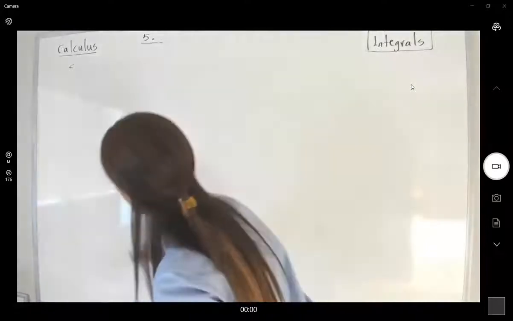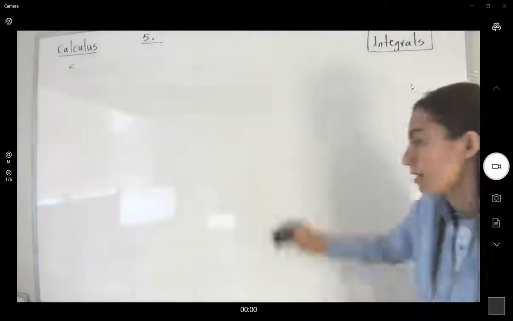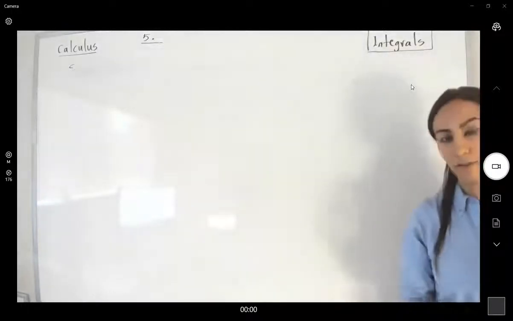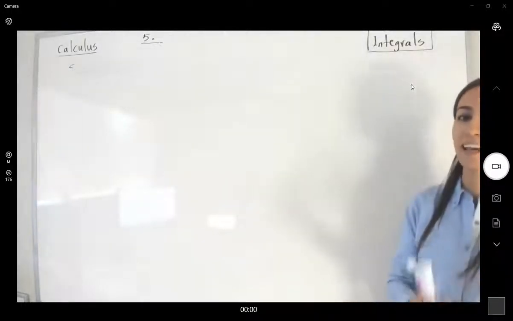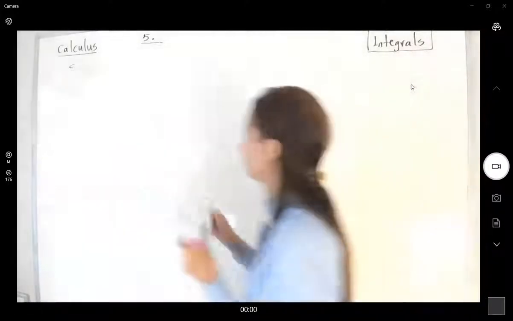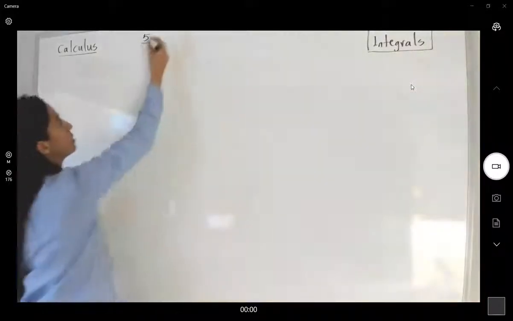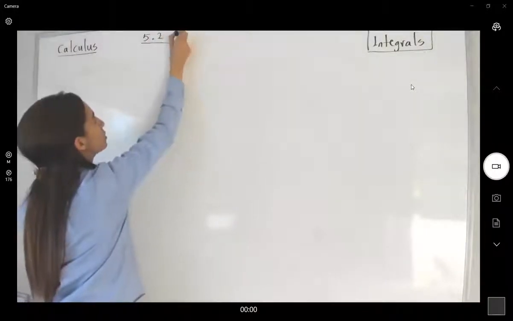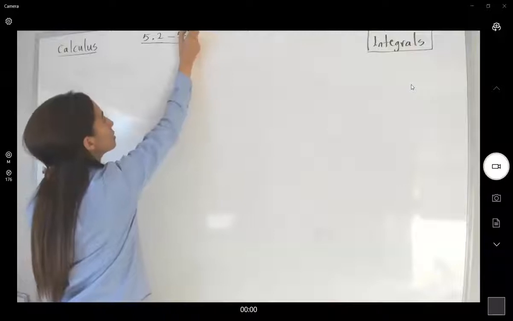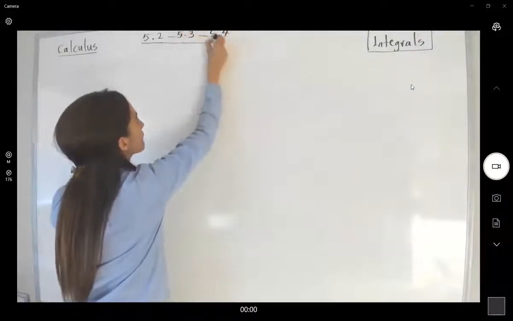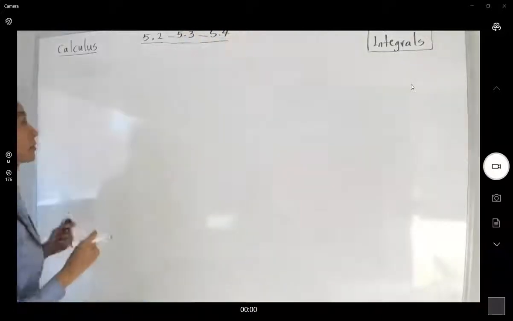Remember that in Math 1A, you learned that we have the derivative of a function and the antiderivative of a function, the opposite operation. So we're just going to do Math 5.2, 5.3 and 5.4, just going back and forth between these three.